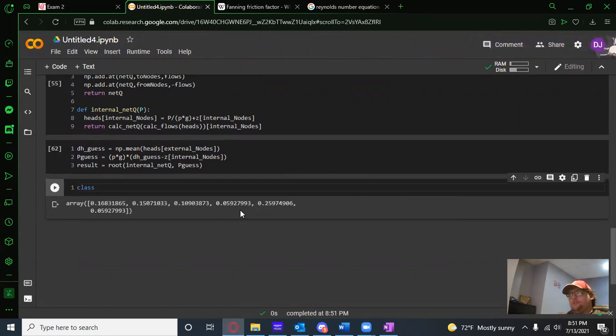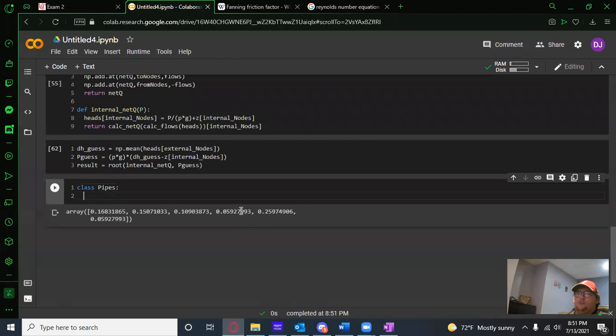So for this one, I'm going to create an object called pipes. And then it's just going to be a simple object. So for our init, what we need is a from node, to node, and a flow.